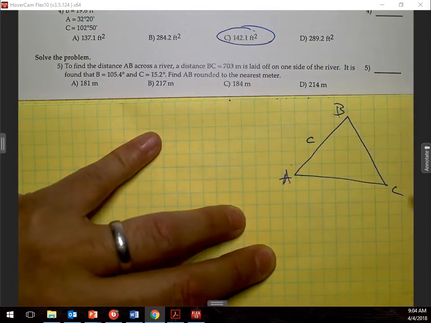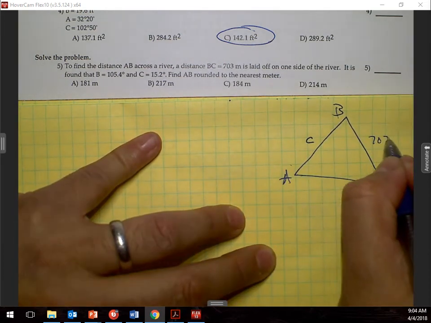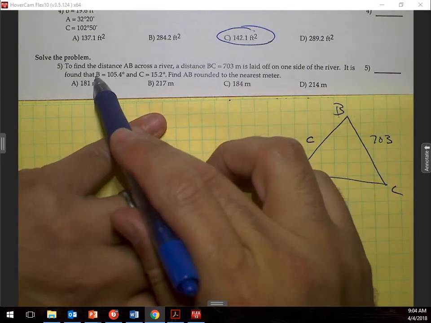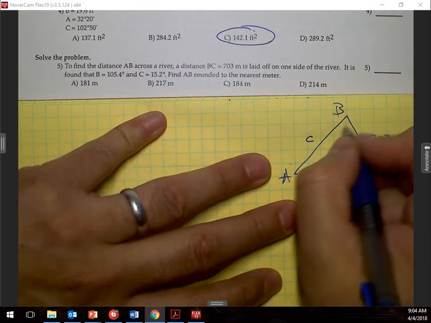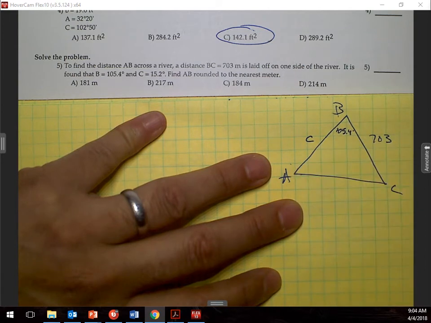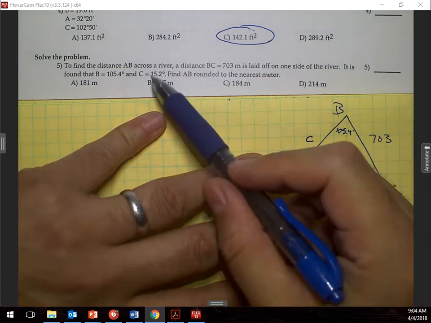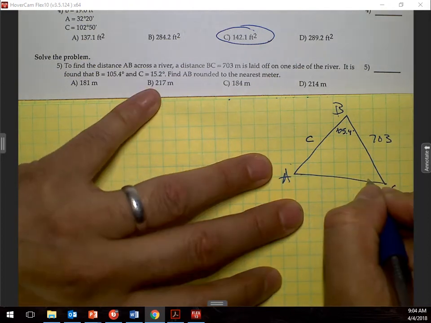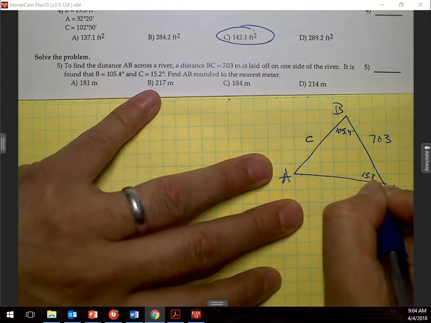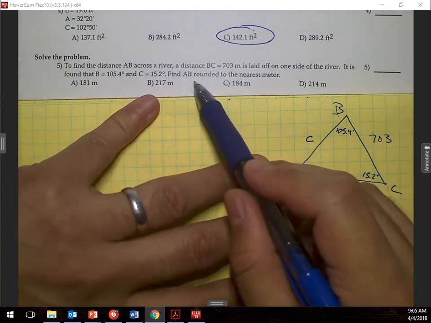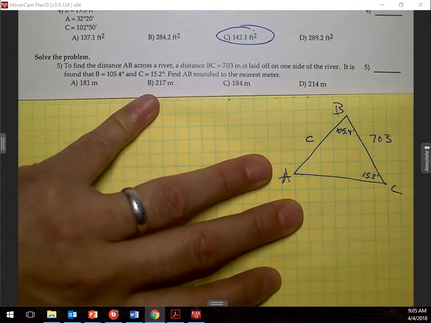BC is 703. The river, it's found that angle B is 105.4 and angle C is 15.2. Find AB, rounded to the nearest meter.